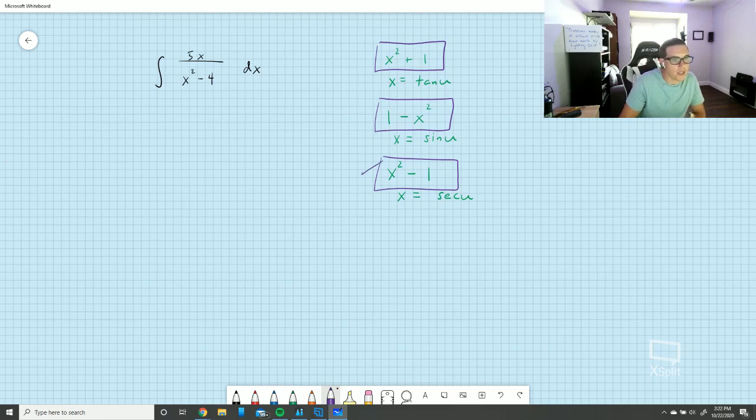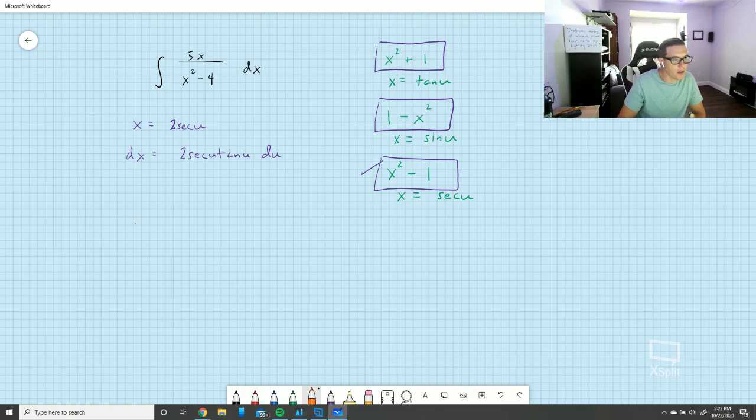All right, so we say we want x equal to 2 secant u, because when I square the 2, I want it to match up with the number in the back, which means dx is equal to 2 secant u tangent u du.